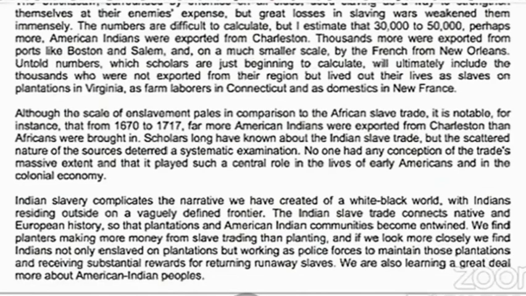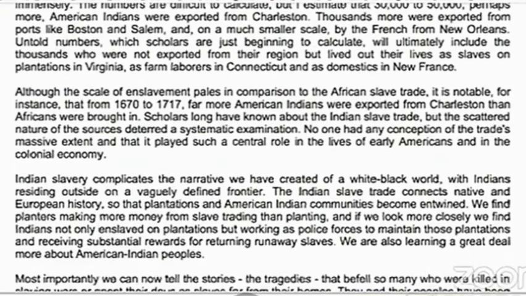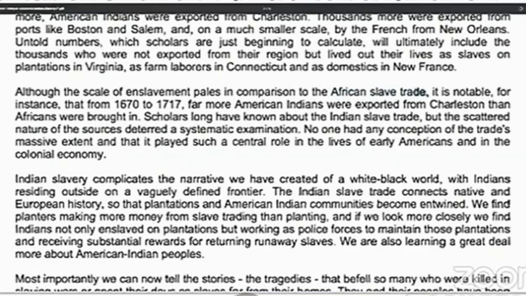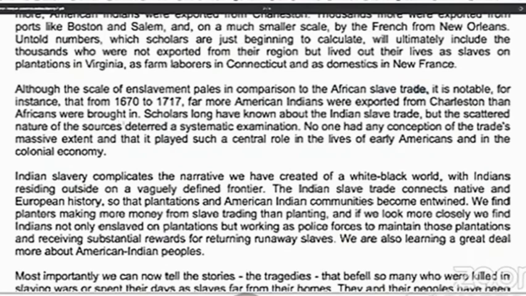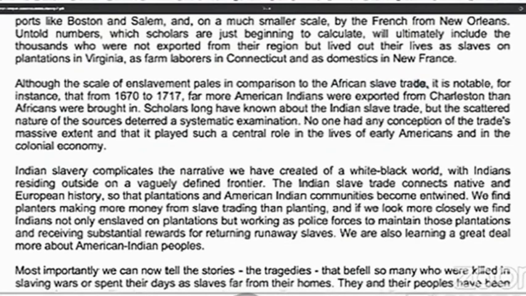Although the scale of enslavement pales in comparison to the African slave trade, it is notable, for instance, that from 1670 to 1717, far more American Indians were exported from Charlestown than Africans were brought in. Again, more American Indians from 1670 to 1717 were exported from Charleston, South Carolina, than Africans were brought in. Does that make sense to you?